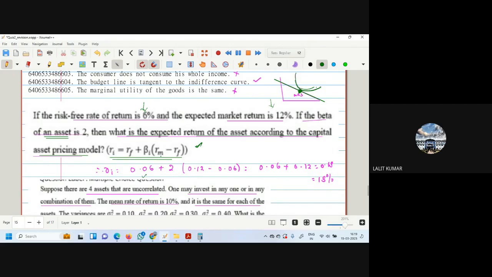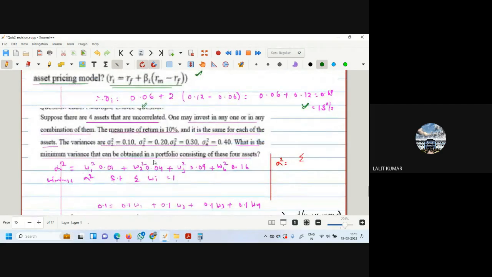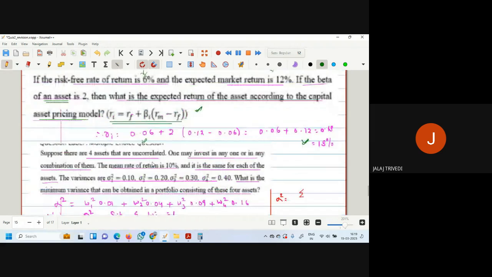Straight away you put the values and you get the answer. So we'll get this formula in the paper itself. They have given this formula in the PYQ. Otherwise, the formula is Ri is equal to Rf plus W into (Rm minus Rf), so this beta is nothing but the W here.